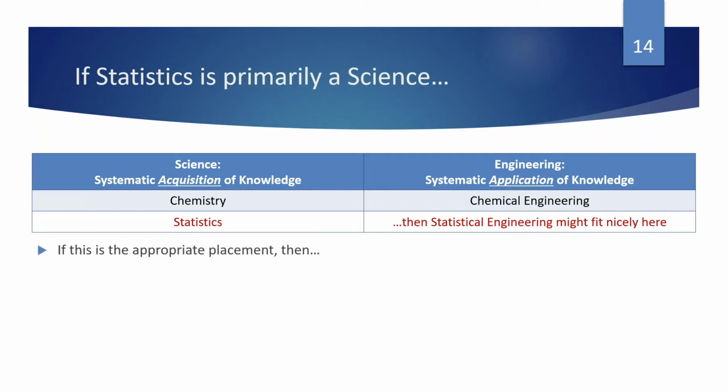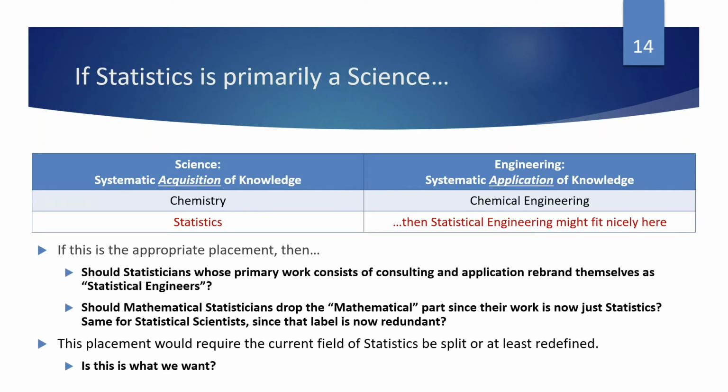But the questions you might be asking then might be, okay, well, if that's true, are you basically saying that we might need to do some rebranding of ourselves? So, if I'm currently a statistician who does consulting work, does that mean I should be calling myself a statistical engineer going forward? I know there are a couple people who have actually been doing this. And maybe if you consider yourself a mathematical statistician or statistical scientist, maybe you just need to call yourself a statistician, because that's what you do.